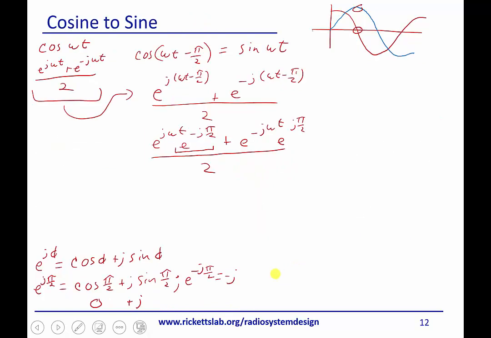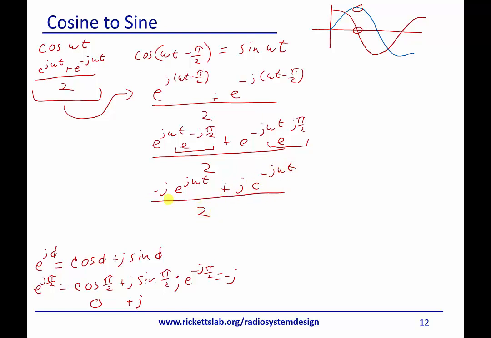Okay, so let's go back and plug that in for our e to the j pi over 2. I now have minus j e to the j omega t plus j e to the minus j omega t, all of that over 2. And now I'm going to take these two j's and bring them down below.